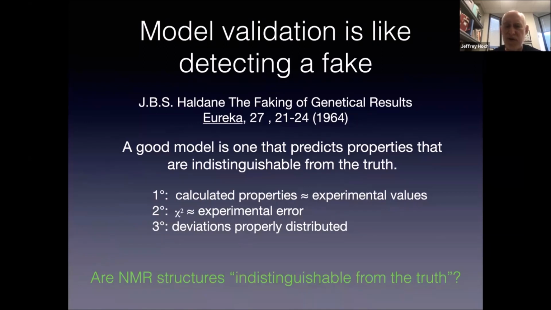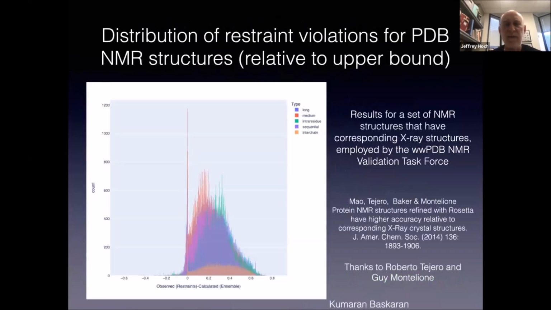And so that raises the question, for NMR structures, how are the errors distributed? And we can mine the BMRB to look at this question. Here I've done a small calculation on a data set that was developed by the Northeast Structural Genomics Consortium, and I thank Guy Monteleone for this database.